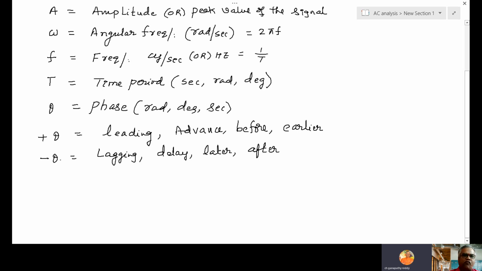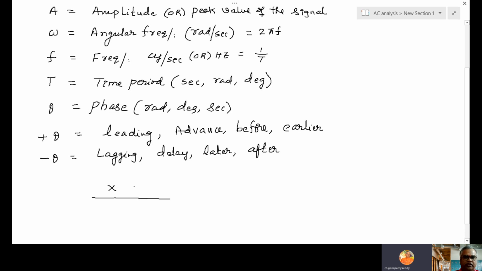So I have just given the name of each, but you have to understand the meaning of each. I will explain from the bottom to top. Let us start with theta and so on. To understand theta, let me take one example.